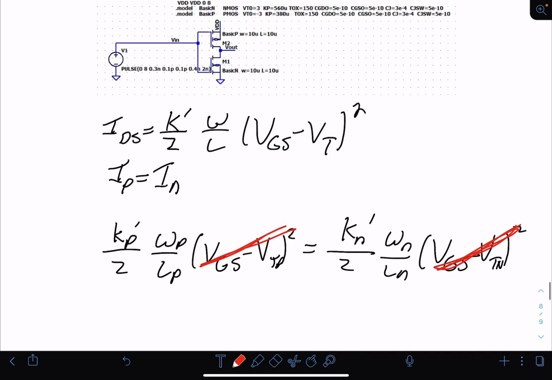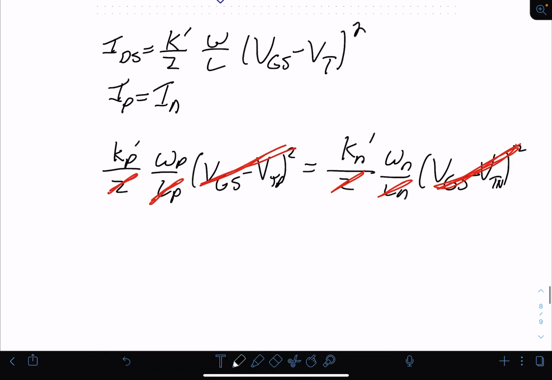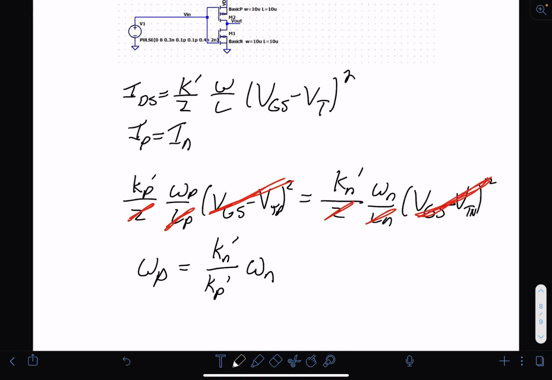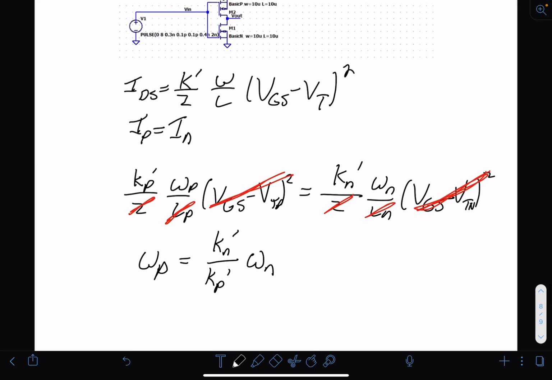We want LN and LP to both be the same, so we can cancel those terms out. The 2's cancel out. We're left with a simple relation where WP is equal to KN prime over KP prime all times WN for this case where the VTs are equal to each other.